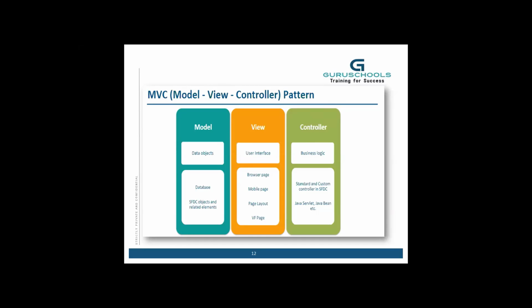Whatever logic we write in the workflow and in the process builder will work and go at the pace of the client requirement. For example, if we select this option, then this option should not come. If we select that option, this option should not come. So this is all the model view controller pattern.